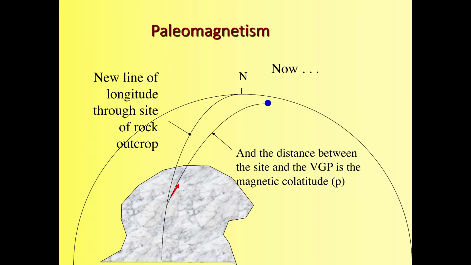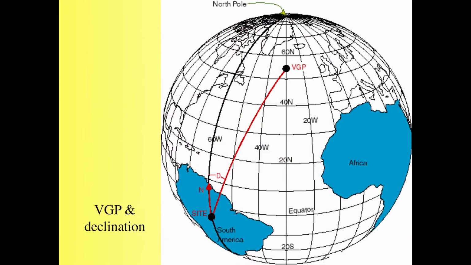Latitude is obviously the distance from 0 degrees, whereas the colatitude is 90 minus that, the distance from the pole. Now, on this arc, that's now called the magnetic colatitude. All right? So I'm just establishing some terms here.